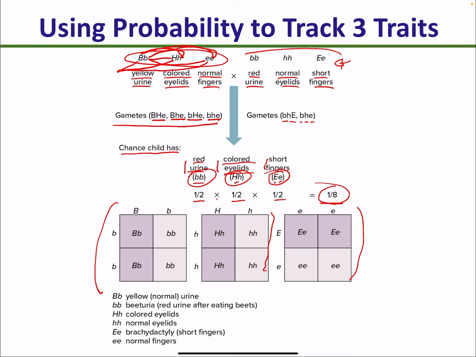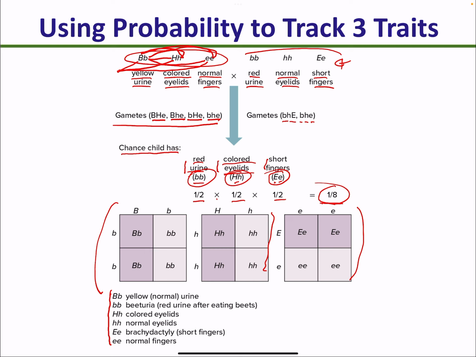So basically, that's how you solve the problem, okay? You have here an explanation of the different genotypes and the phenotypes.